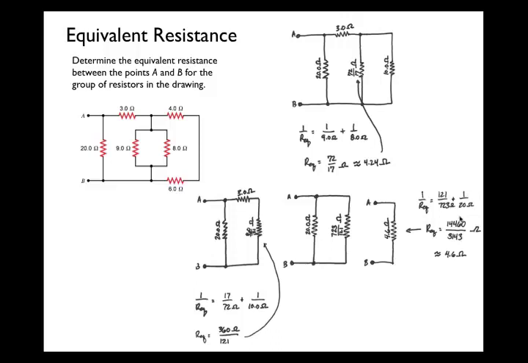I really committed to the fraction here. The common denominator there is 14,460, and you end up with 3143 over 14,460 is 1 over our equivalent. If you inverse that to find the equivalent resistance, that's 14,460 over 3,143 ohms. That's about 4.6 ohms, and that is the equivalent resistance of this network of resistors.